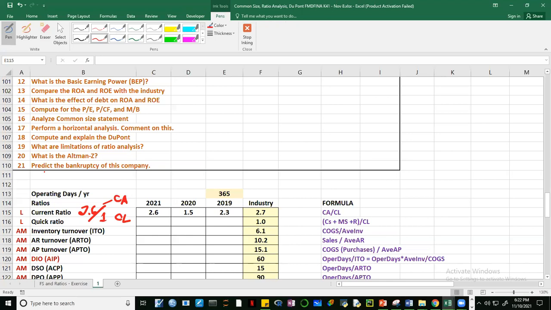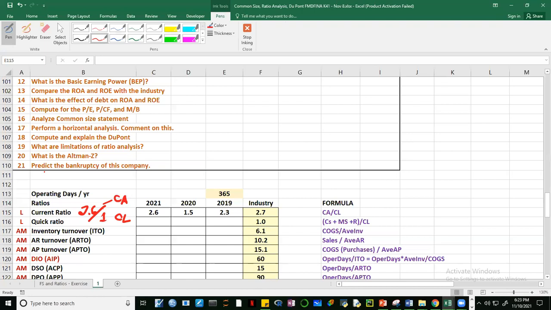Masasabi natin na nung 2020, medyo hindi siya naging capable to pay its obligation. Something really happened in 2020. Bumagsak yung current ratio niya. Tapos compared to 2019, mas pangit pa si 2020. Although naka-recover naman siya nung 2021. So over time, guys, medyo erratic yung performance ni XYZ company.